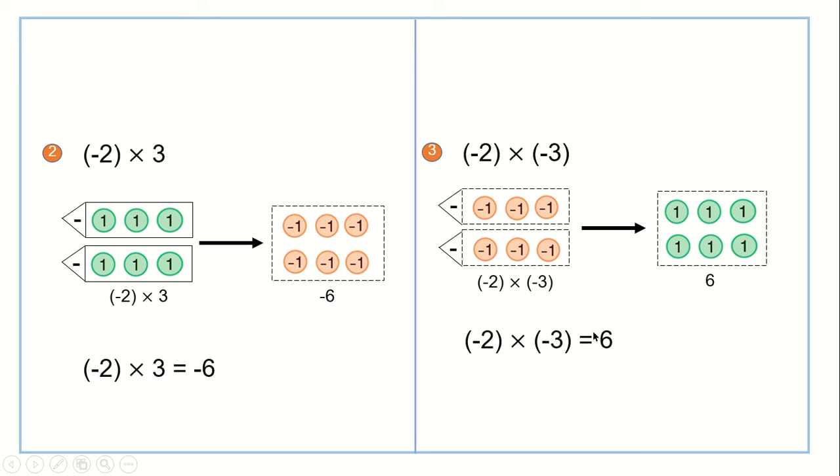So this means that negative 2 times negative 3 equals 6. In short, a negative times a negative, we get a positive. Okay?